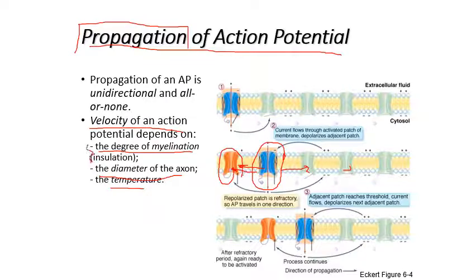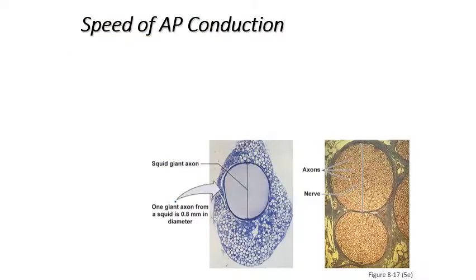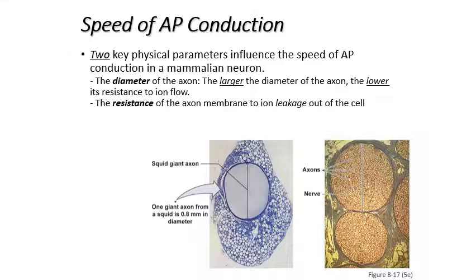But let's just say size and myelination are the ones we'll focus on. So let's look at speed. Again, two keys: diameter, and also myelination of the membrane. We get this wrapping of the axons in here.